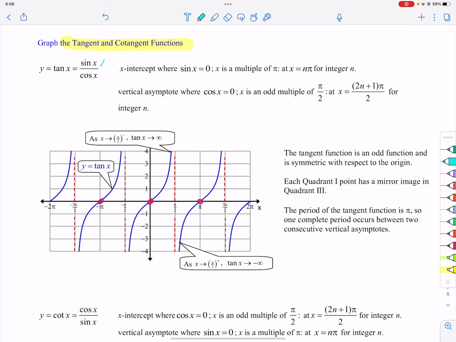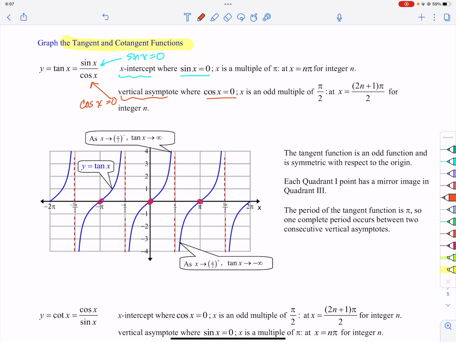And that is why when the sine of x is 0, we have an x-intercept on the tangent graph, okay? Now, how about a vertical asymptote? We have a vertical asymptote where the cosine of x is equal to 0 because it's in the denominator. And that is where the cosine is 0.